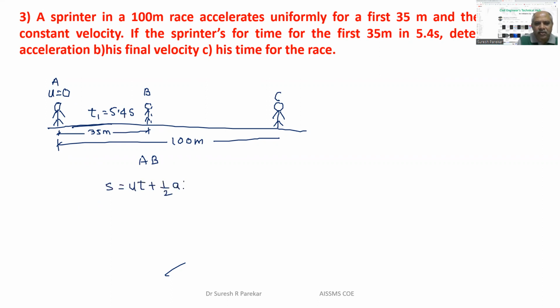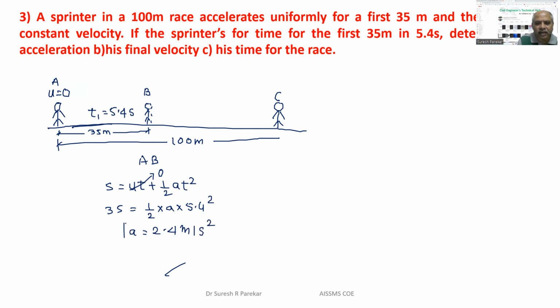So s equal to ut plus half at square. S is 35, u is 0, this term becomes 0, equal to half into a into 5.4 square. And by solving this, for a, we will get value of a, and that value is equal to 2.4 meter per second square.